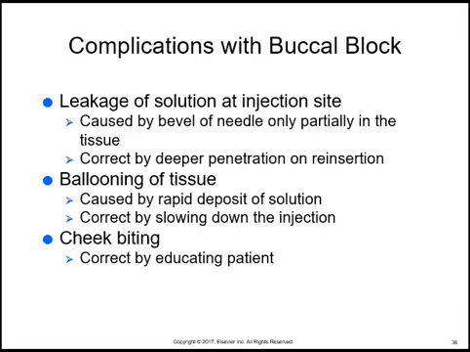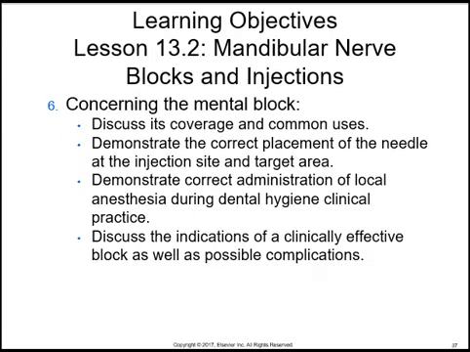Another complication would be cheek biting, and you correct that by educating the patient that they're going to be numb in that area and to be careful. You want to rinse the patient's mouth after all injections, but especially this one, because the anesthetic can leak and it doesn't taste very good.